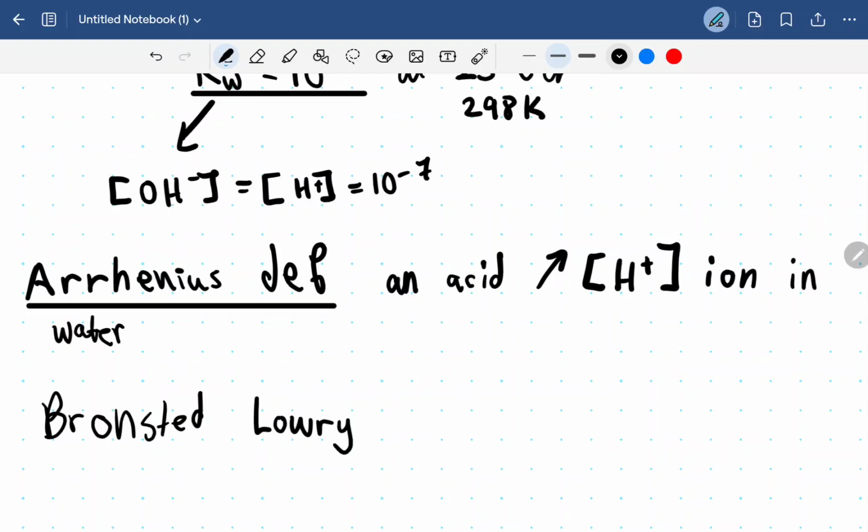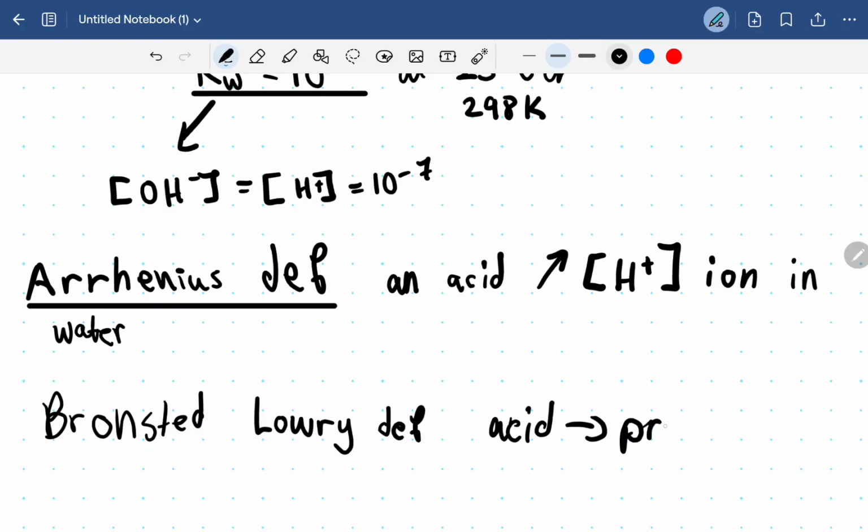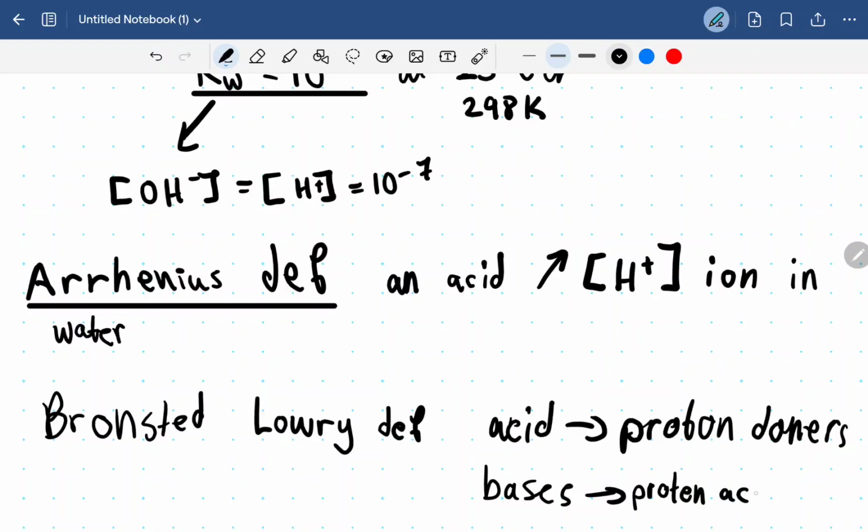Bronsted-Lowry's definition says that acids are proton donors and bases are proton acceptors. That's both of their definitions.